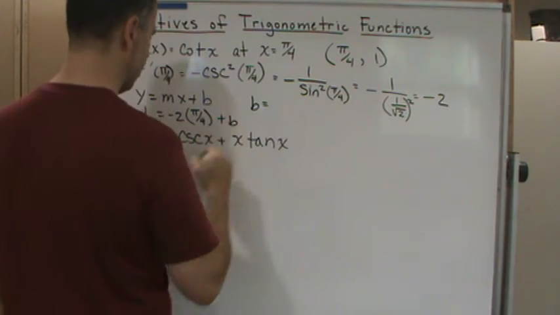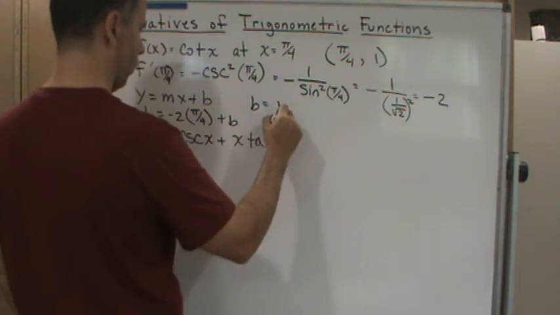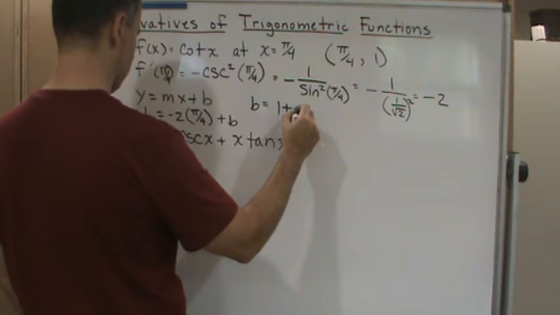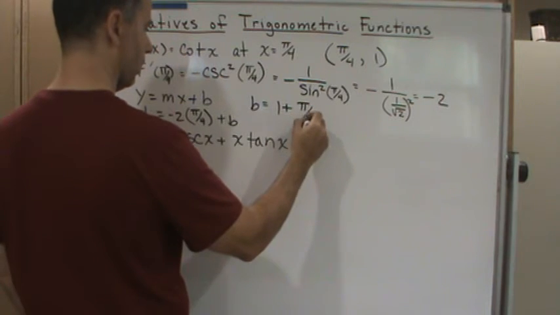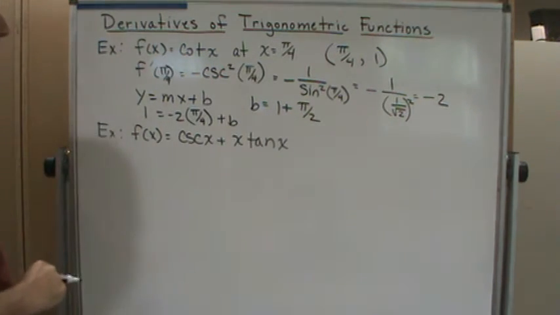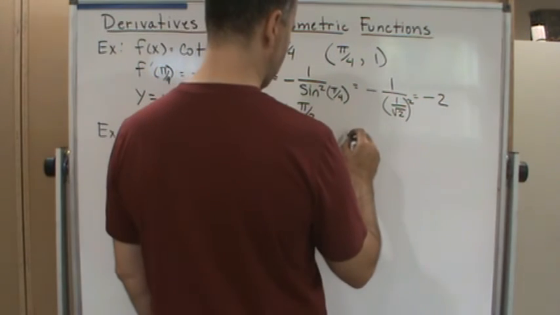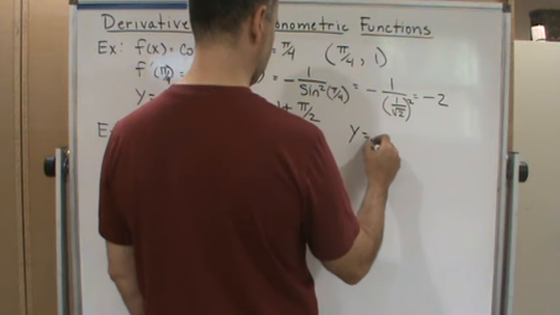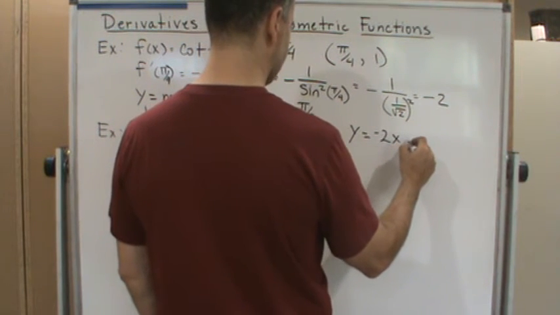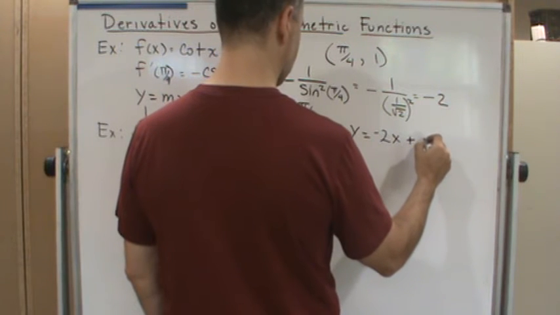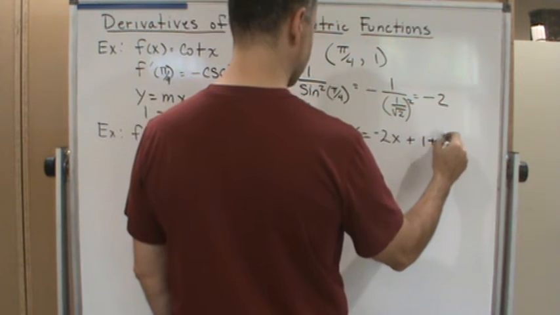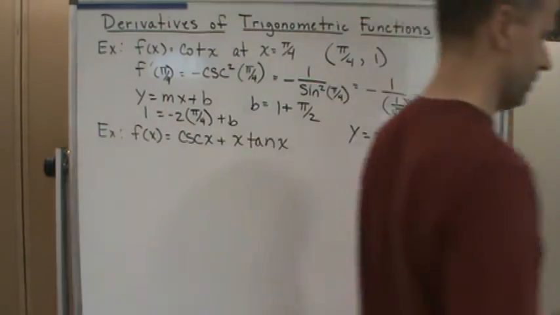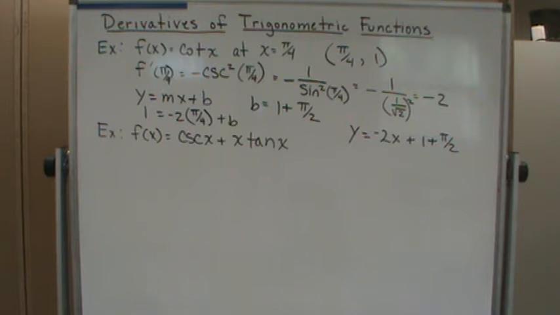We get b is equal to 1 plus pi over 2. And now we're done. So the equation of the tangent line is y equals negative 2x plus 1 plus pi over 2. And I believe that's the correct answer, yeah.